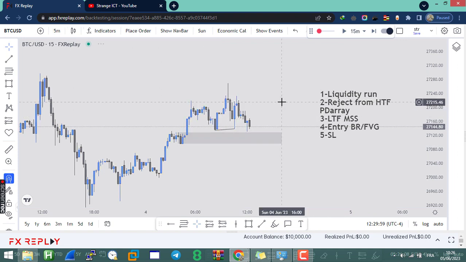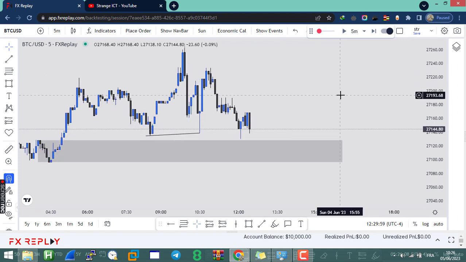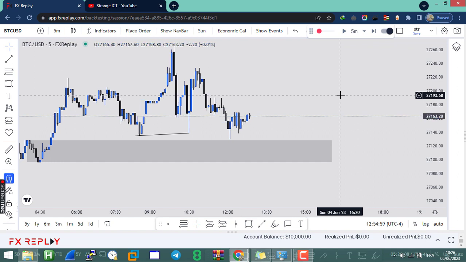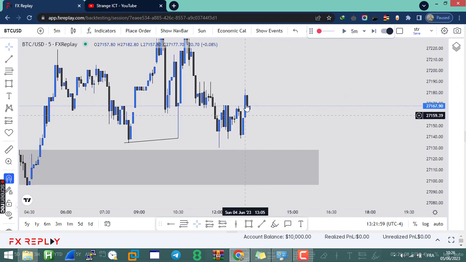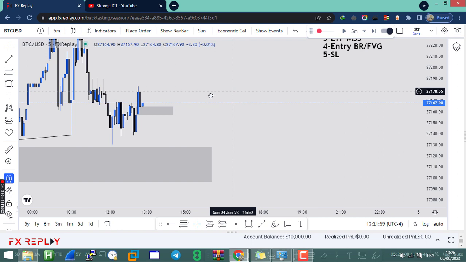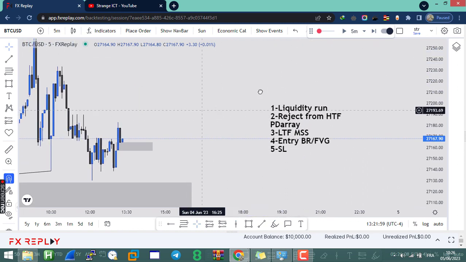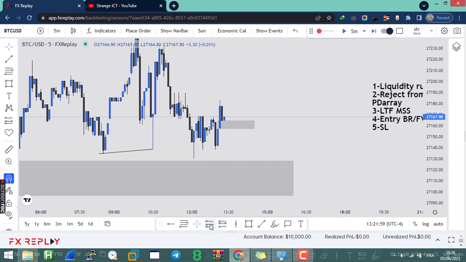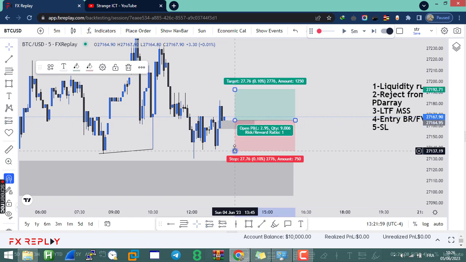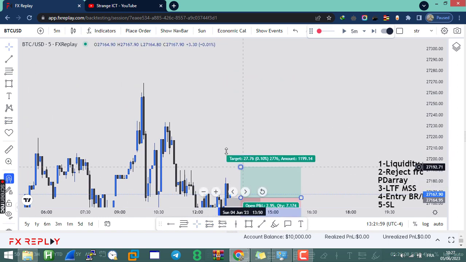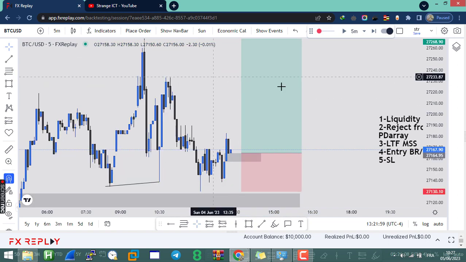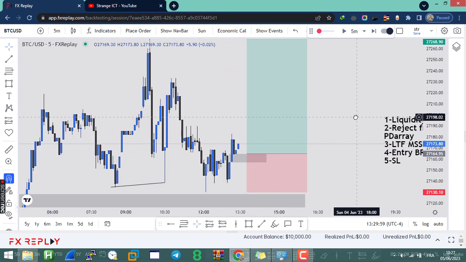You want to go to the 15-minute, the 5-minute, and look for a market structure shift with a displacement. As you can see, there is a displacement right here, leaving a fair value gap. So what you want to do is enter on this fair value gap right here, and put the stop loss maybe here, or based on your risk management.